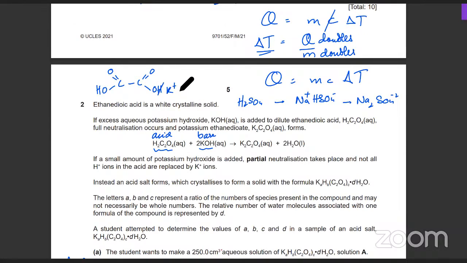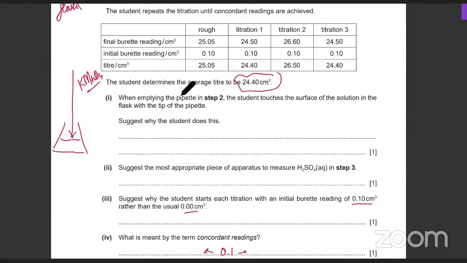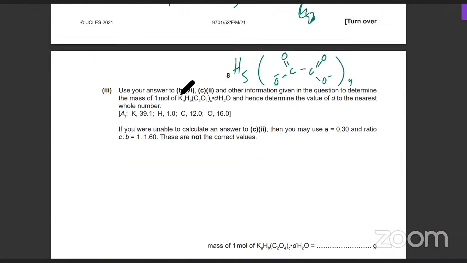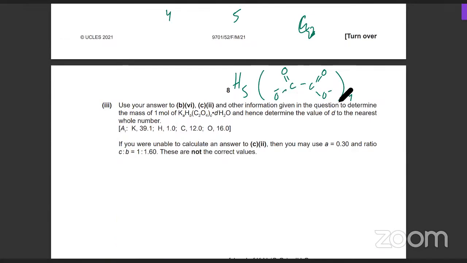So some of the H plus 1 got knocked out and replaced by K. If all the H plus 1 get knocked out, they're all replaced by K. So I need to figure out how many H plus 1 this thing had initially. There were 8 H plus 1, right? One molecule will have an H plus 1 here and an H plus 1 here, so if you have 4 of them, in total there would be 8 H plus 1, right?